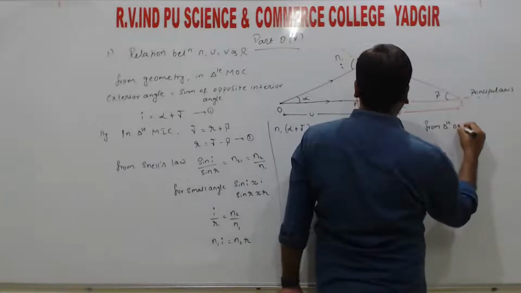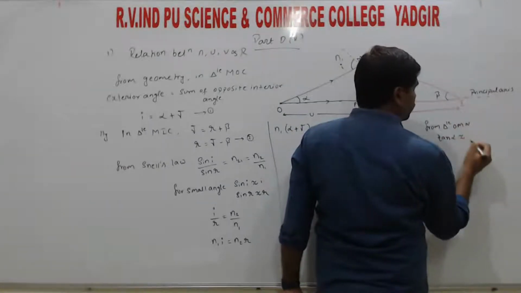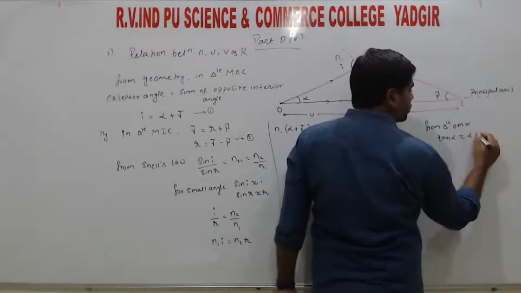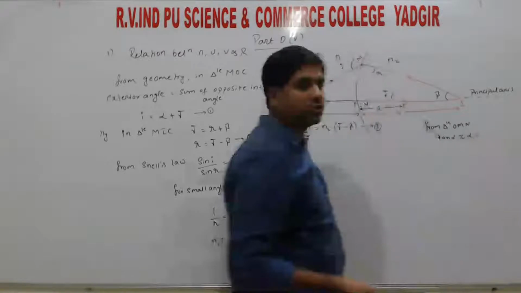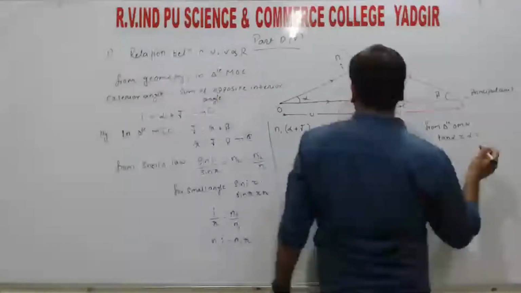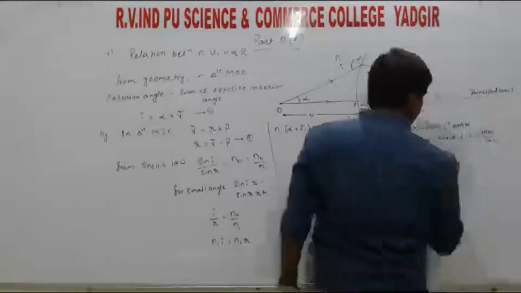So again, from triangle OMN, tan alpha, since a small angle is considered, tan alpha is approximately equal to alpha, that is equal to MN by ON, right?